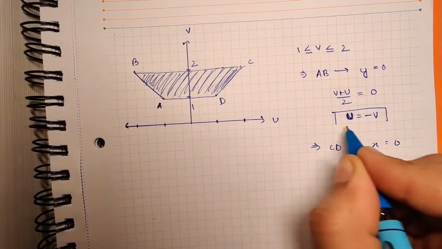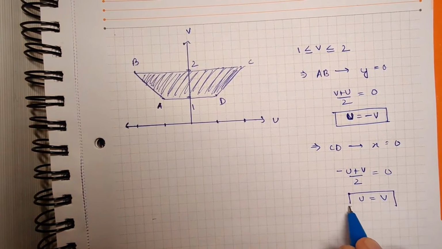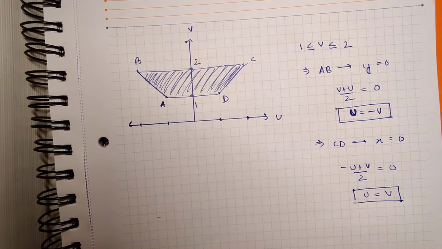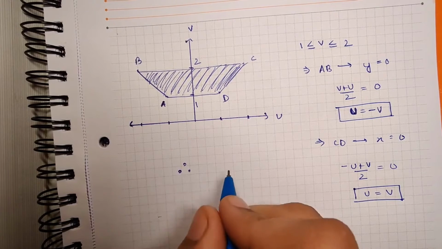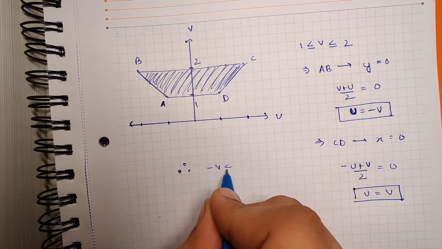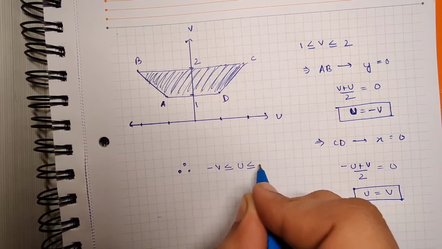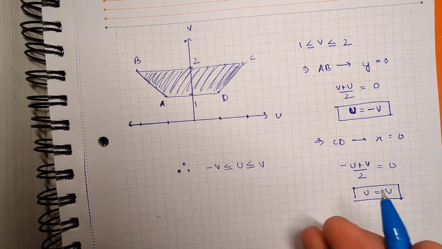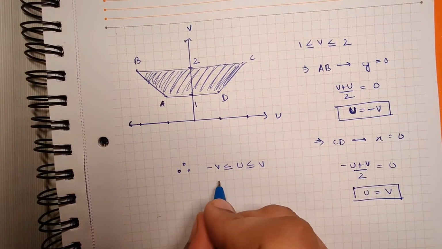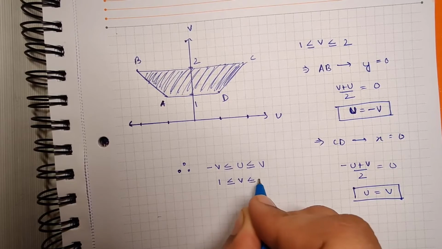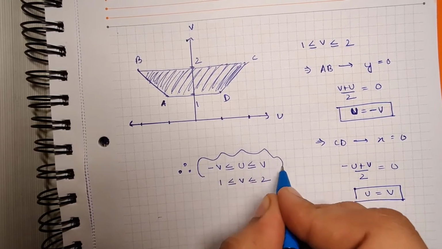From this and this, we come to know the limits of u, which is that u is ranging from minus v to v. That is, lower limit as minus v, upper limit as v, and the limit of v is, lower limit 1, upper limit 2. So we have our limits here.